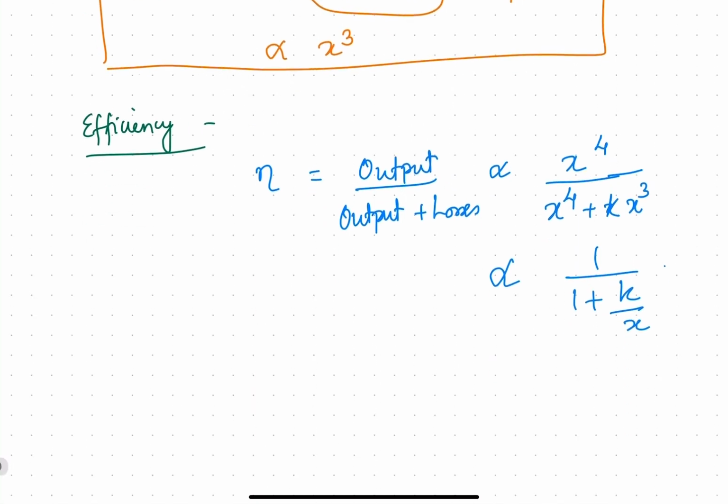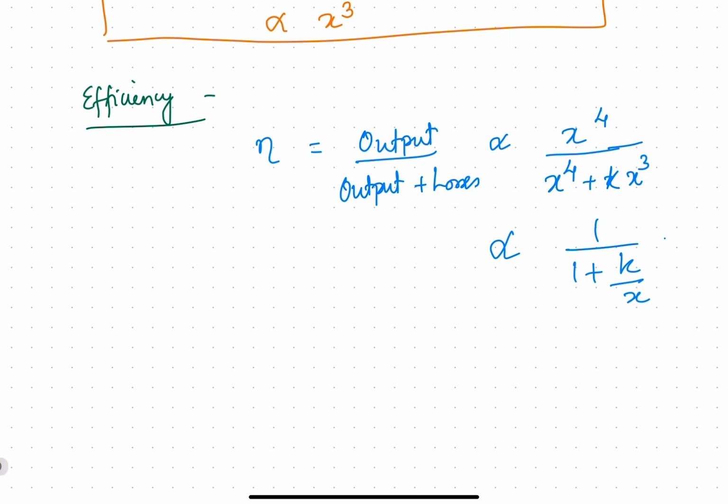So if you have two machines with linear dimensions having a ratio of x, you can say that the efficiency increases as x increases, because this x is in the denominator.